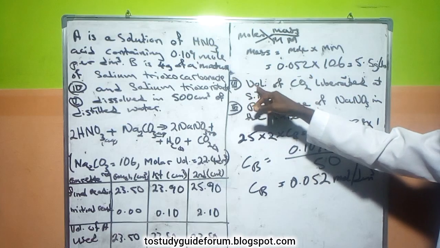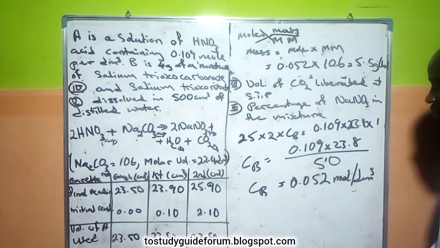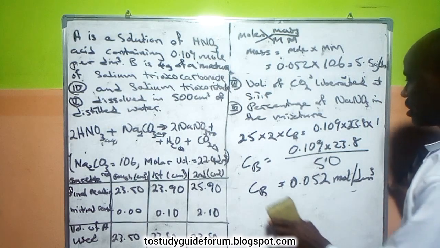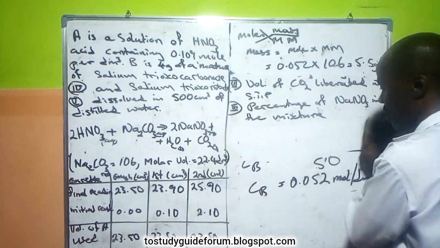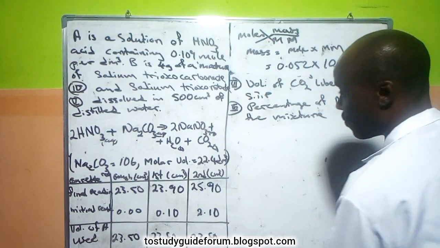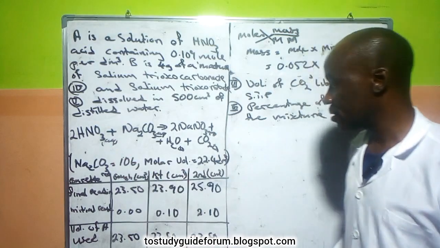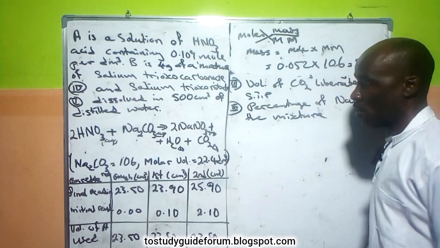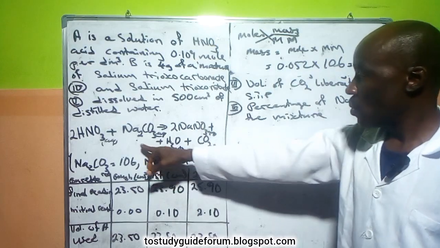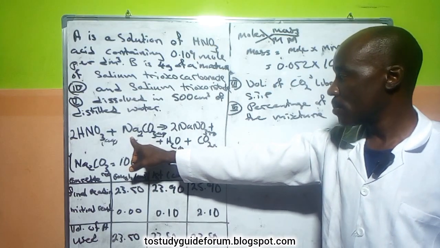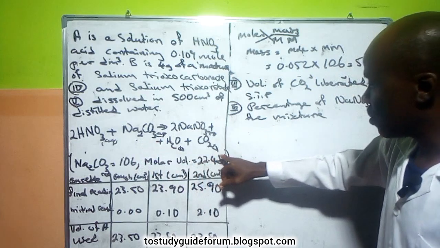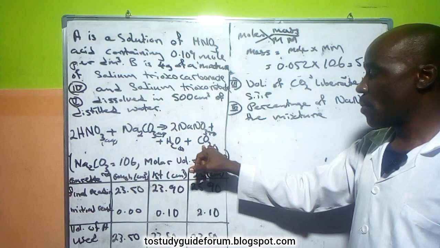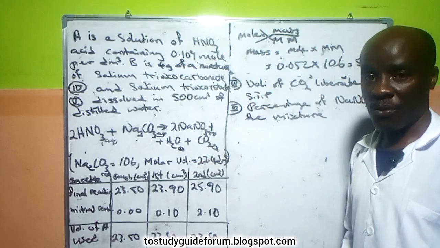The next one we're looking at is the volume of carbon IV oxide liberated. When we talk about the volume of carbon IV oxide liberated, now I'm going to be taking you to another phase of the question. If you look at this chemical equation, you find out that 1 mole of sodium trioxocarbonate will give us 1 mole of carbon IV oxide.